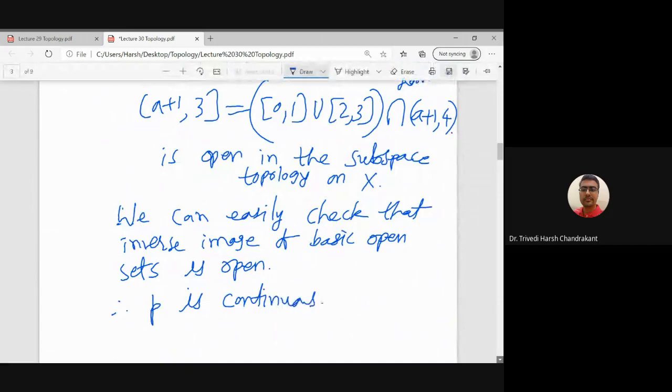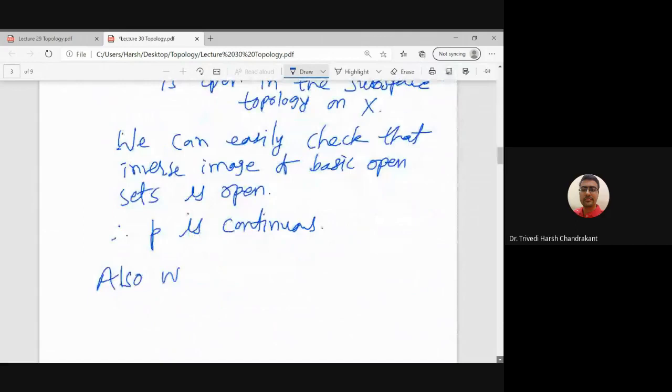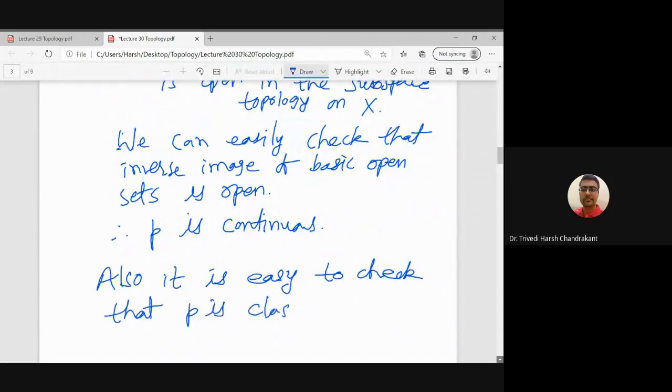So this function is onto, it is also continuous, and we can also see that this map is closed also. It is easy to check that P is closed.